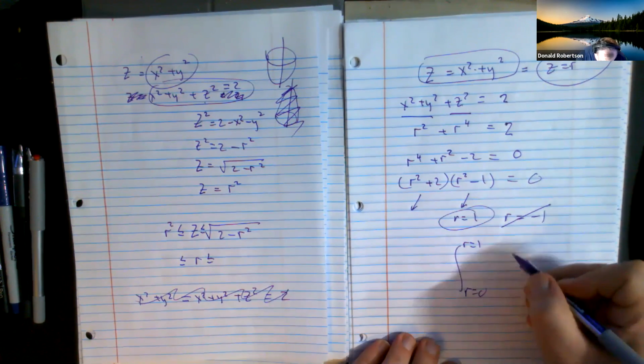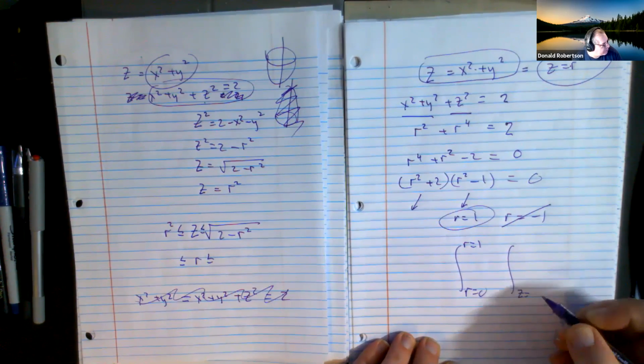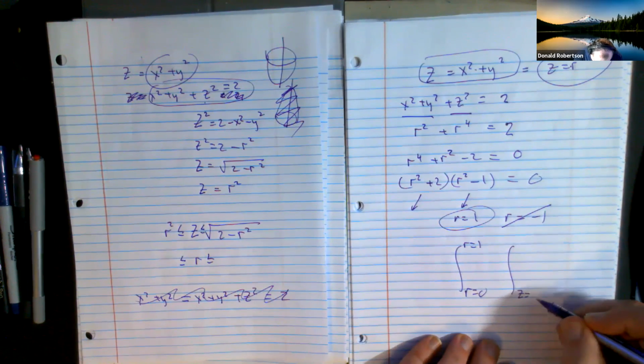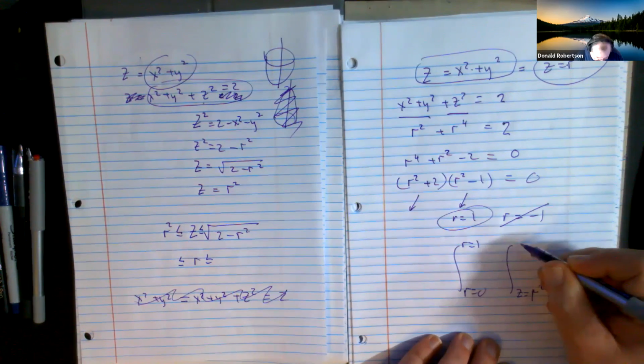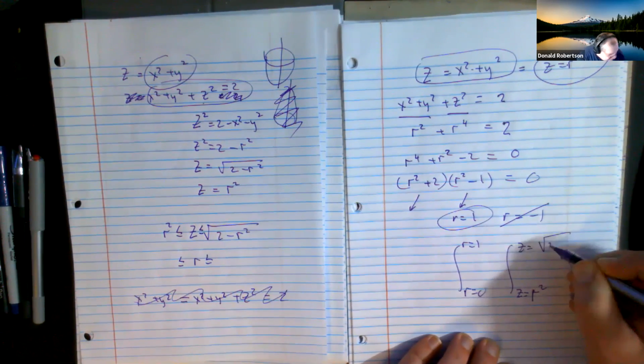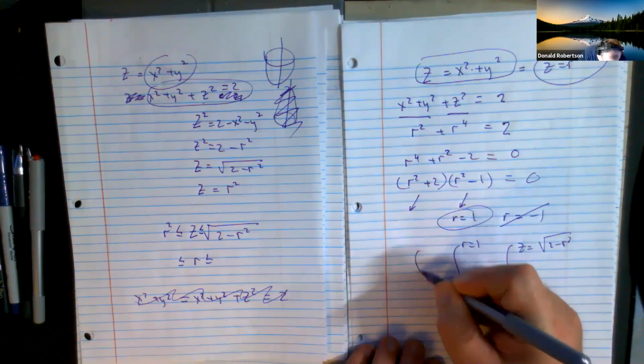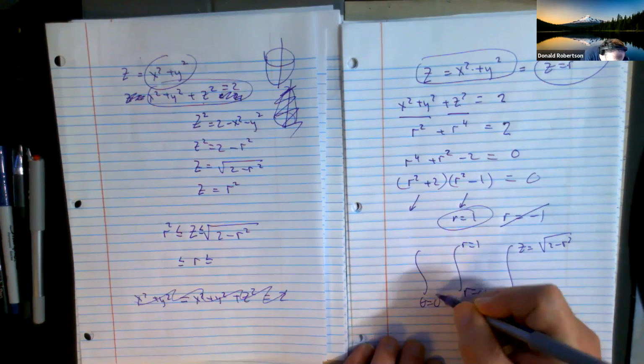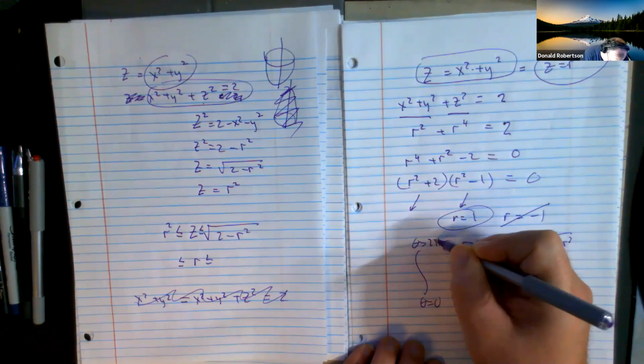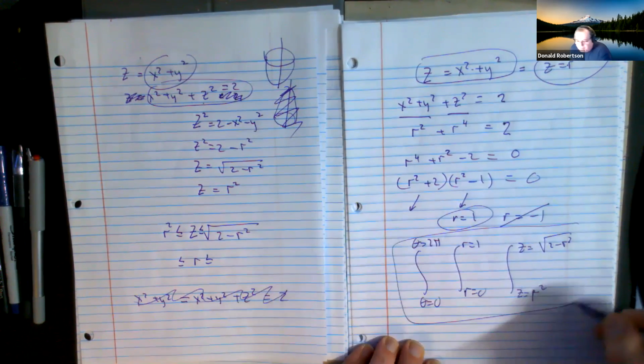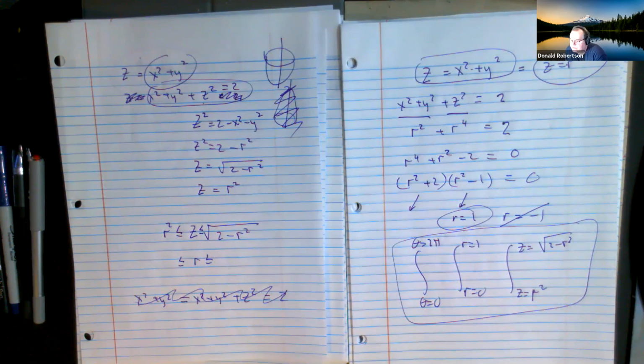If you're looking at your z values, we already set them up: that's r squared and 2 minus r squared. So that's the major piece of what you needed.